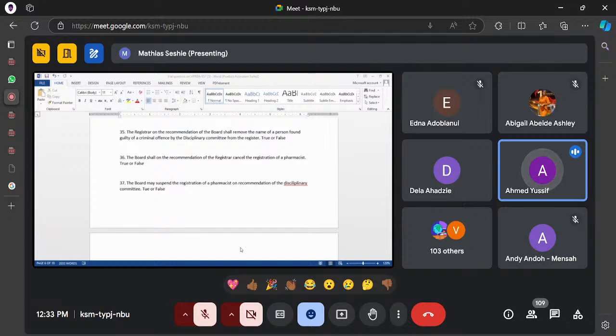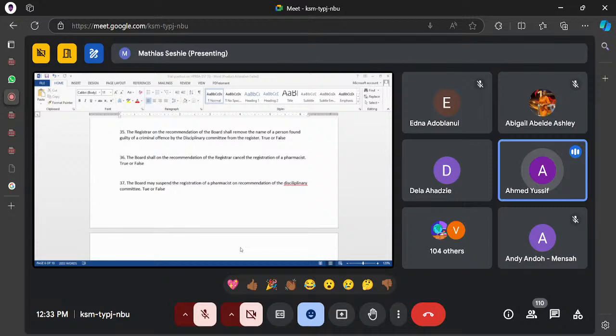Once the investigation is over and you are not found culpable of the professional misconduct, then you'll be restored. But if you are found culpable, then you'll be removed.